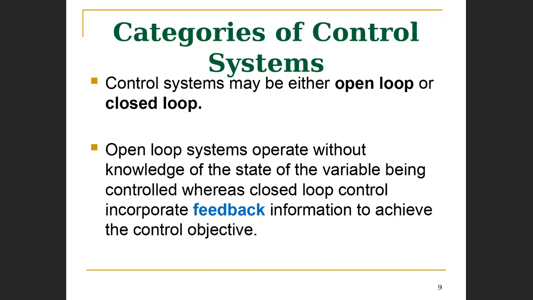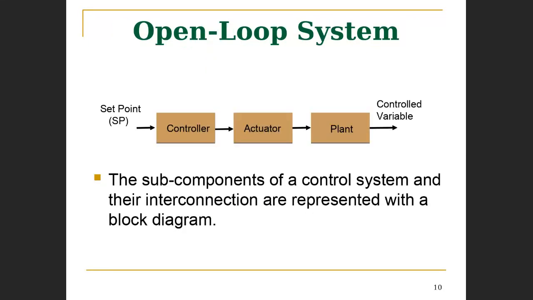Now, open loop systems operate without knowledge of the state of the variable being controlled, right? Whereas closed loop systems incorporate what is called feedback, which essentially is information about the controlled objective, all right? Two types, open loop and closed loop.